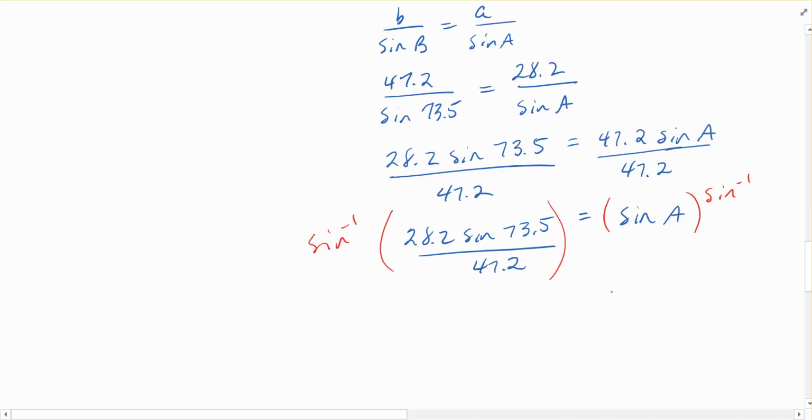So when I take the inverse sine of both sides, that's going to give me the angle A that I'm looking for. So in my calculator, I'm going to take the inverse sine of everything you see in that set of parentheses, and when I do, rounding to the nearest decimal place, I end up with 34.9 degrees. So make sure that you can get that on your graphing calculator as well.